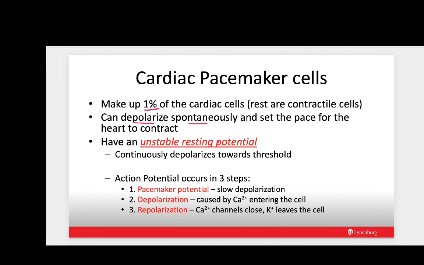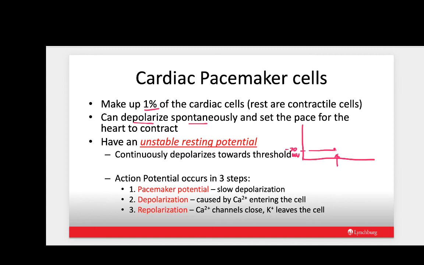What's unique about cardiac pacemaker cells is that they have an unstable resting potential. They are constantly depolarizing towards their threshold. Compare that to skeletal muscle, which sits at its resting potential of, let's say, -70, and it's going to sit there until it's stimulated by a nerve.